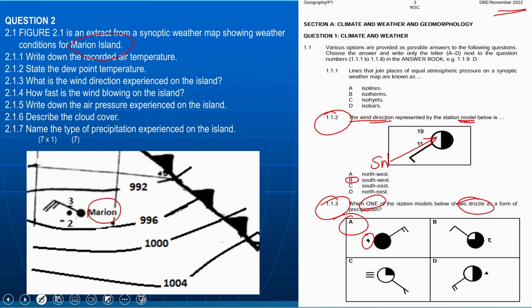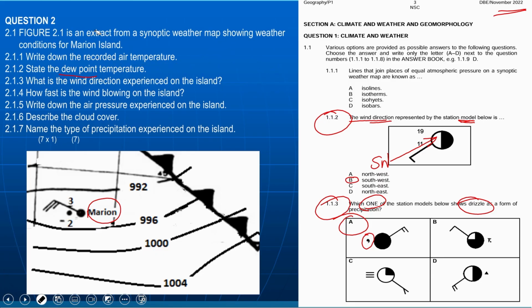Write down the recorded air temperature. In this case, your recorded air temperature is 3 degrees C. Not 3 degrees, not 3C, not 3. Full 3 degrees C. And then the dew point temperature, minus 2 degrees C. Those are your full, correct answers.